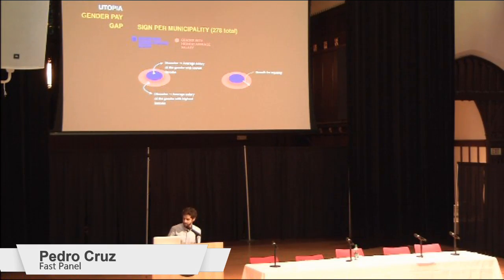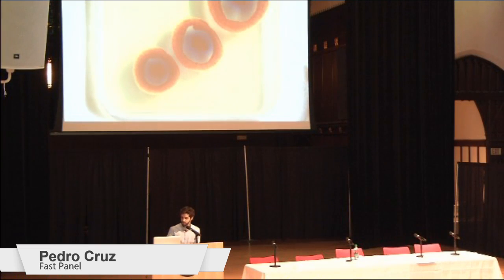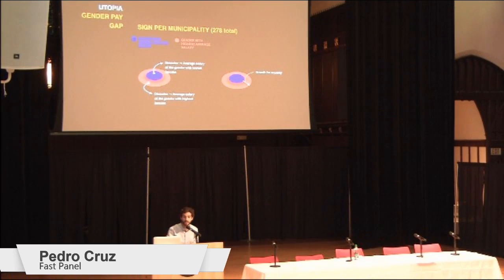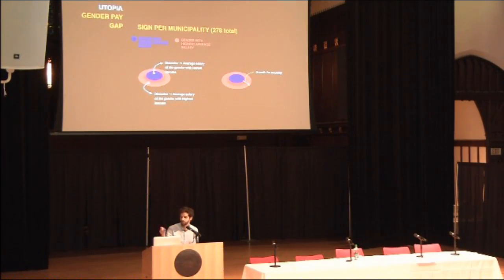So the difference, the thickness of the red bacteria, will symbolize the amount of growth that has to be attained in order to reach equality.